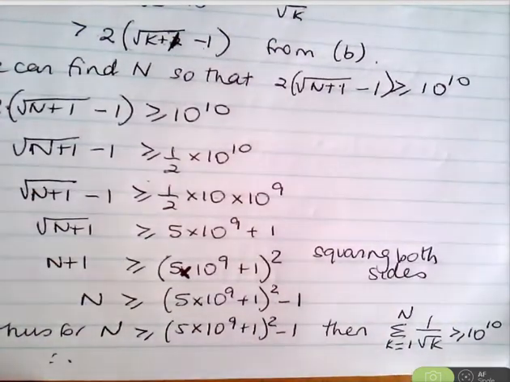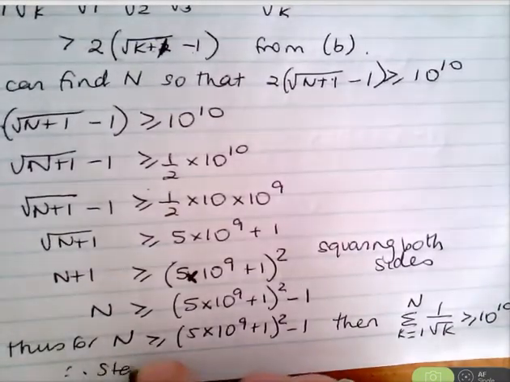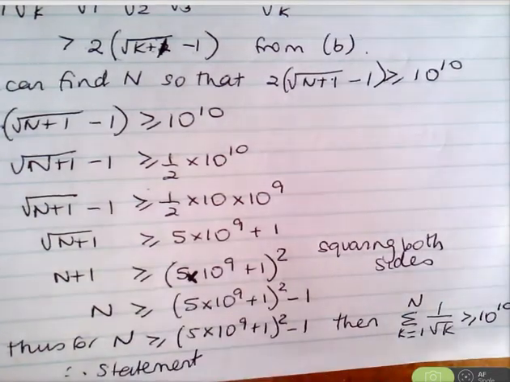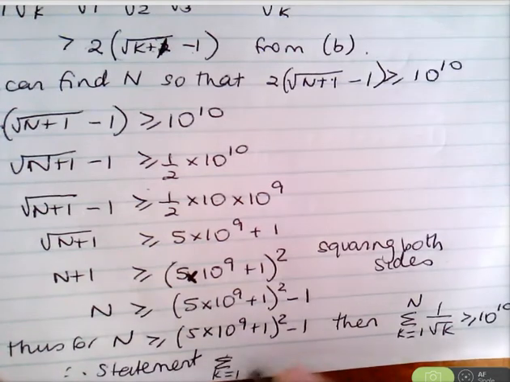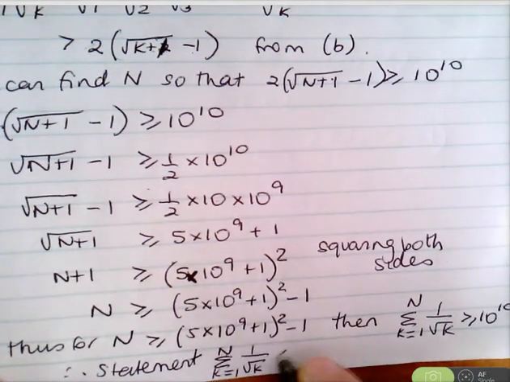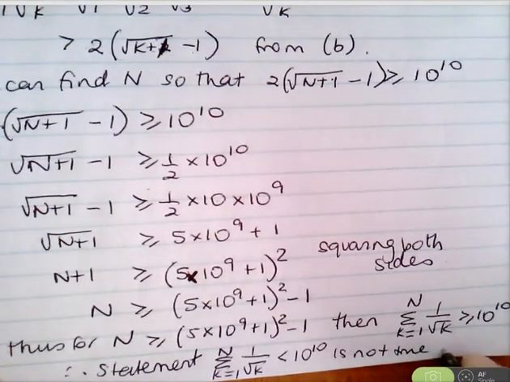And so the statement that the sum from k equals 1 to n of 1 over the square root of k is less than 10 to the power of 10 is not true.